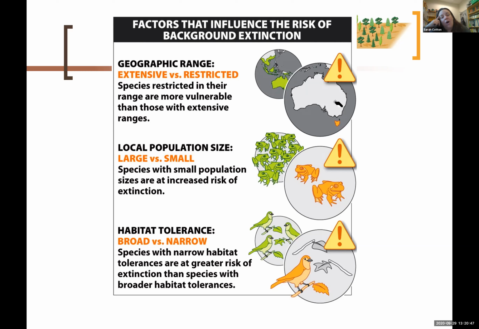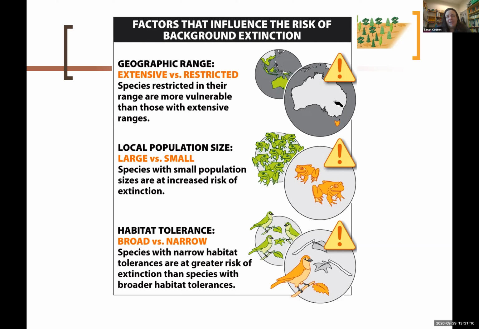And then how flexible they are with habitat tolerance. So remember that last week we were talking about how sometimes species can change their niche, they can expand their niche, right?